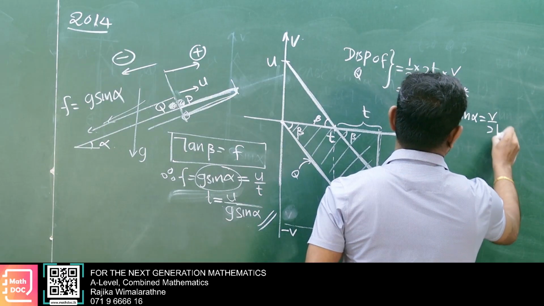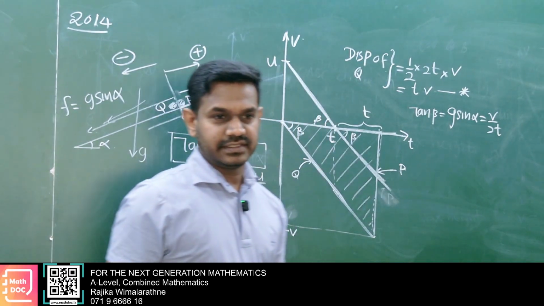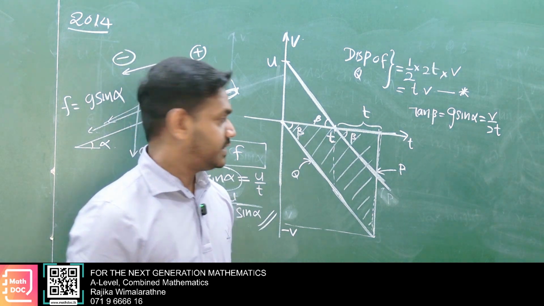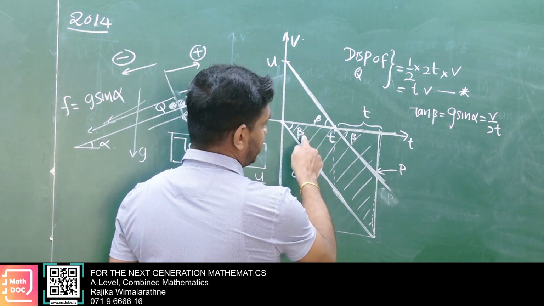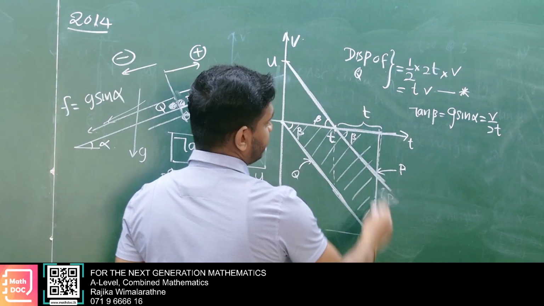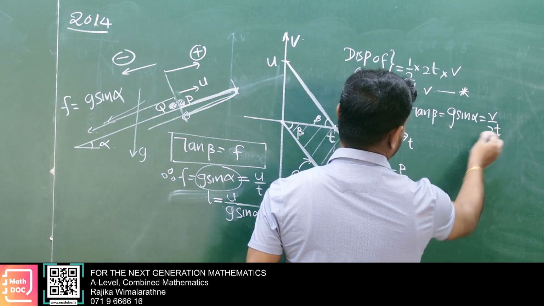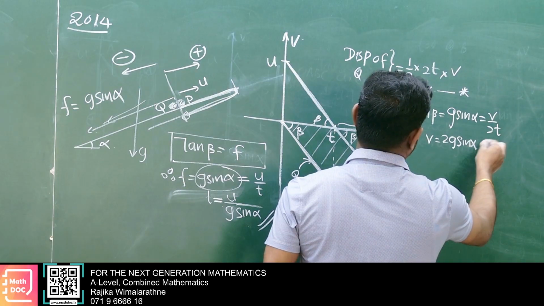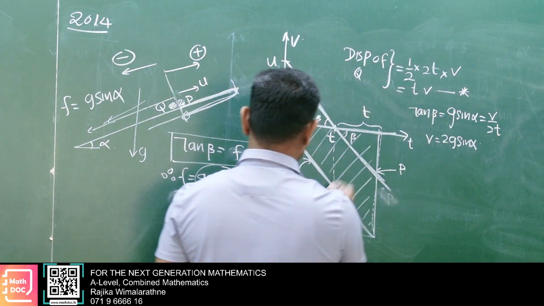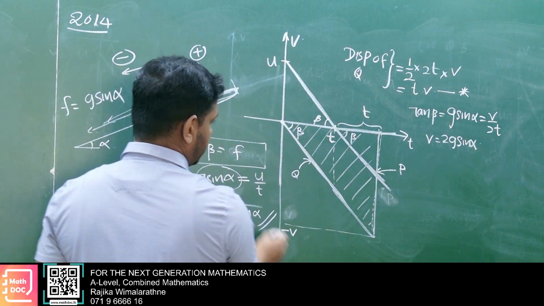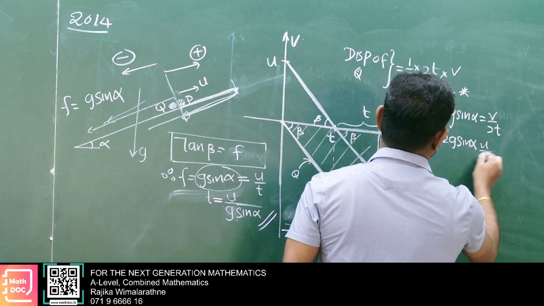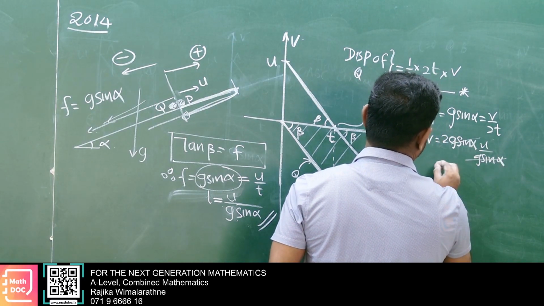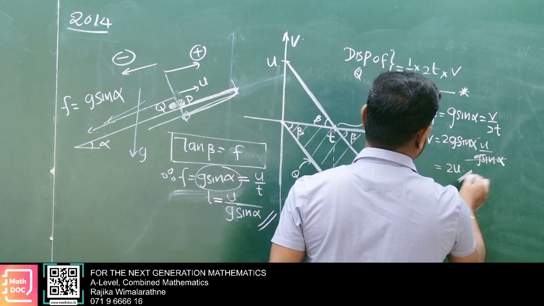Always you have to write relations with gradients and displacement. So to find this velocity, tan beta equals v divided by 2t. Then v equals 2g sine alpha times t. Then t equals u over g sine alpha. Then the velocity is 2u.